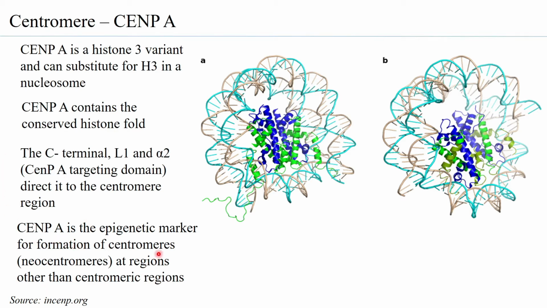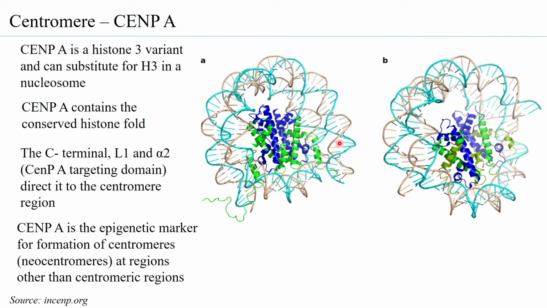So what we understand here is that CENP-A is responsible for further architecture of the centromere, and therefore in the chromosome wherever you have CENP-A, there is a possibility of having the centromere. So that is again another interesting fact.